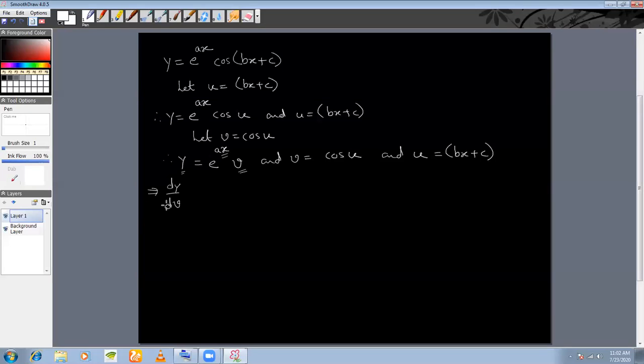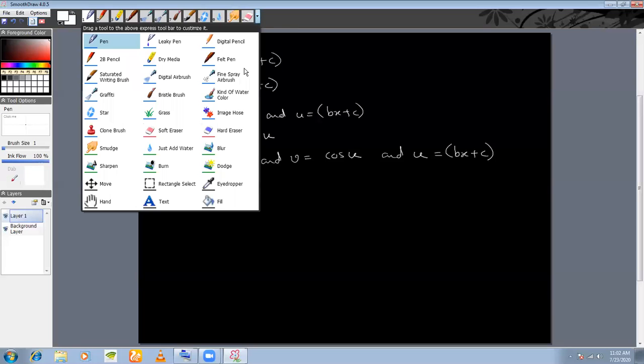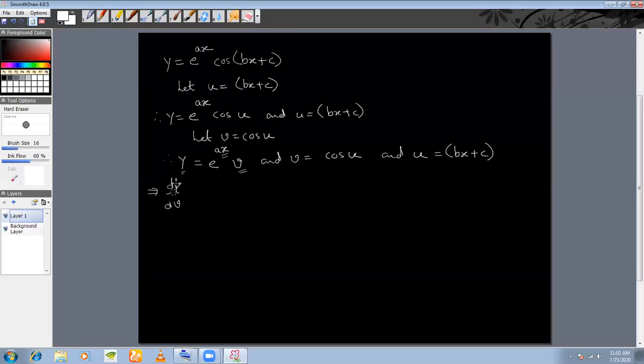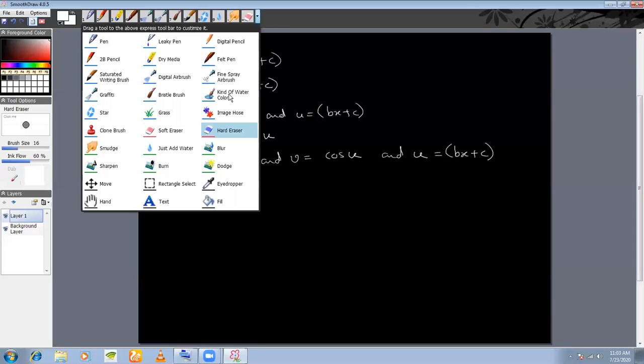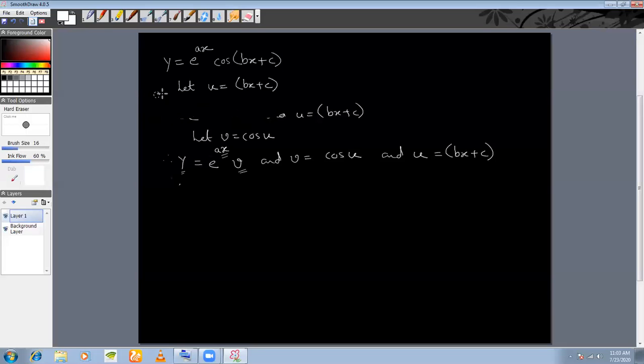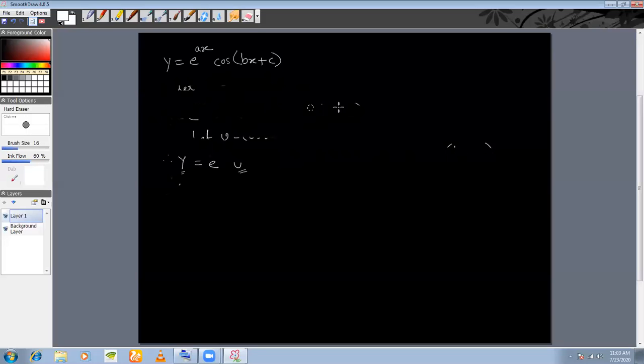No, this will not work, because I also have an x there. What I can do is differentiate separately. That is the best way to do, I think. Use the u into v rule first and then differentiate by chain rule. That is the only way out.